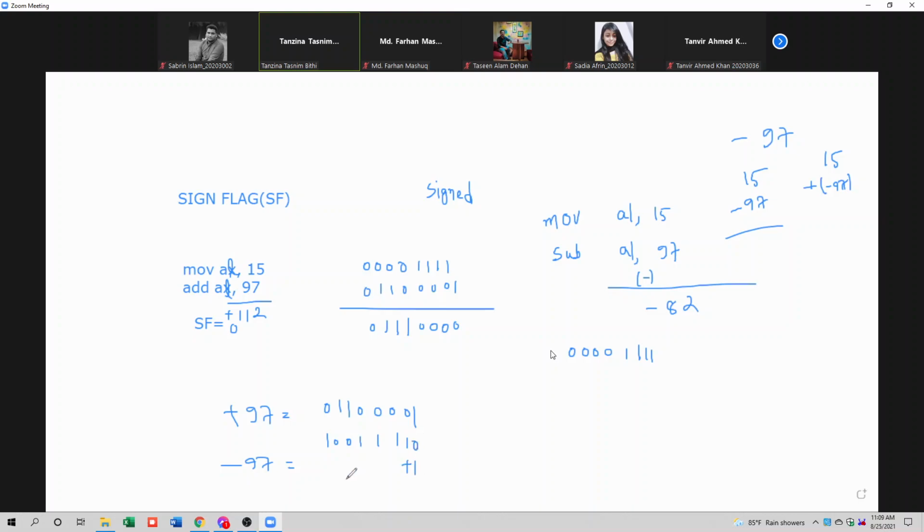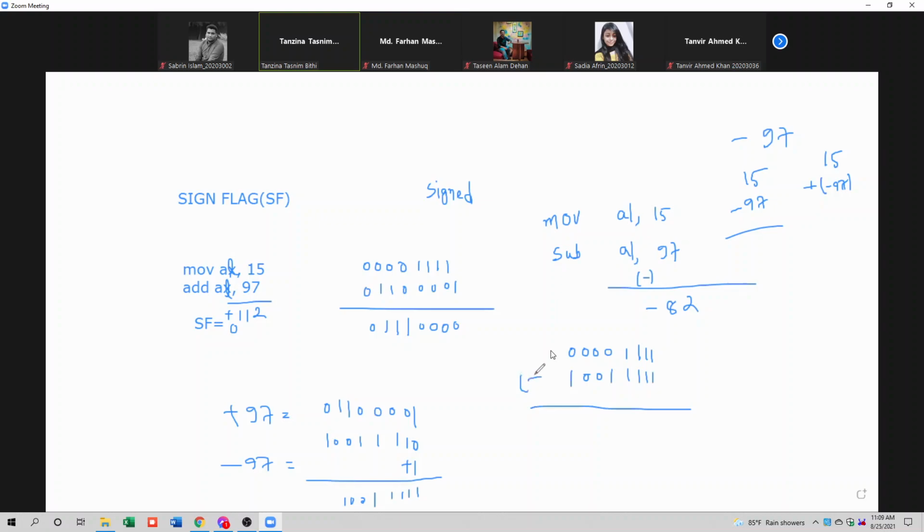Then add 1. So the 2's complement, or minus 97, equals 1, 0, 0, 1, 1, 1, 1, 1. So we are going to add this value with 0, 0, 0, 0, 1, 1, 1, 1.